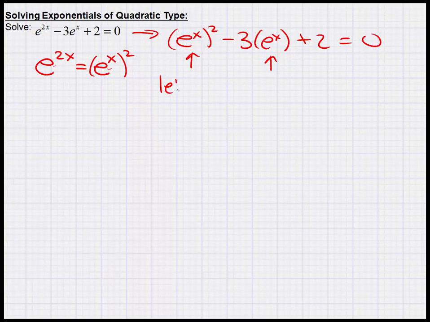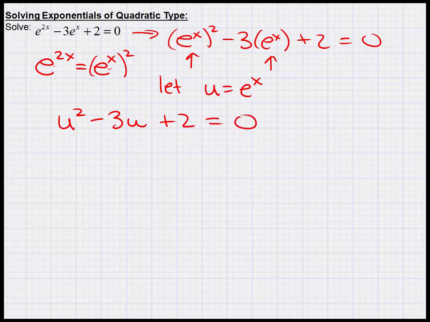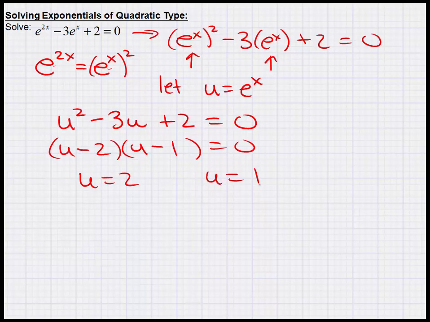So if I say, let's let u equal e to the x, then what happens is I end up with u squared minus 3u plus 2 equals 0. That's a quadratic that is very easy to solve. I can factor it. I get u minus 2, u minus 1, which tells me u equals 2 and u equals 1. Which is all great.